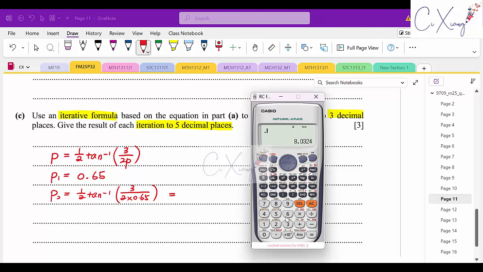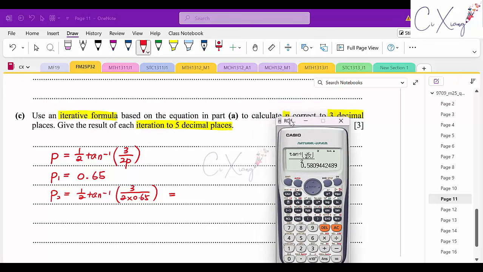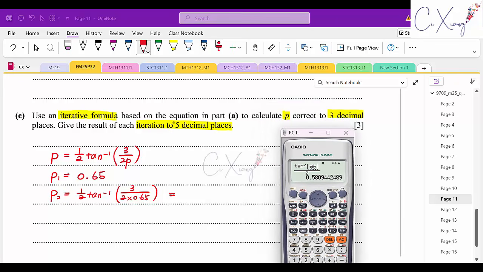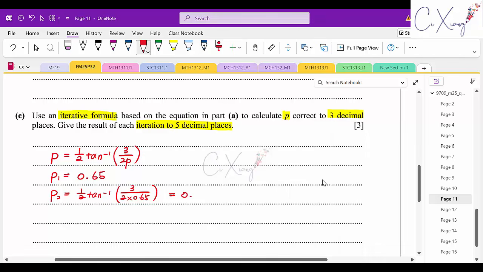Press the equal sign, and you get 0.5809 and so on. The iteration is to be written correct to 5 decimal places, which means 0.58094. Agree? So you have your P2 as 0.58094.